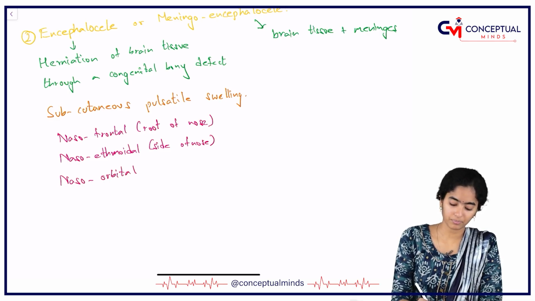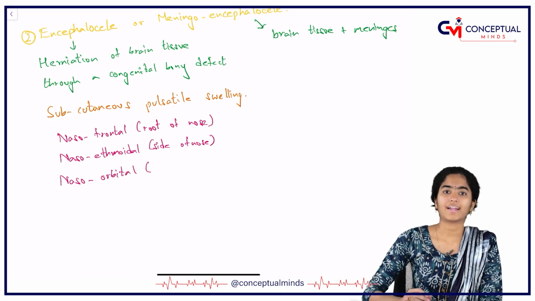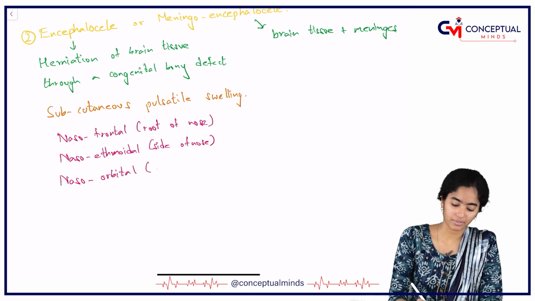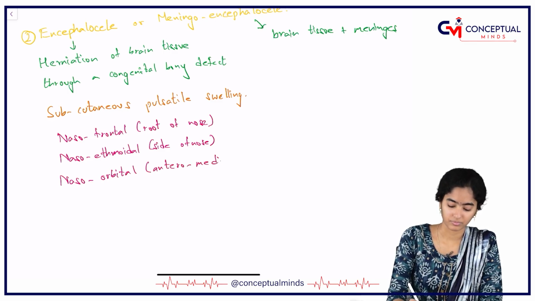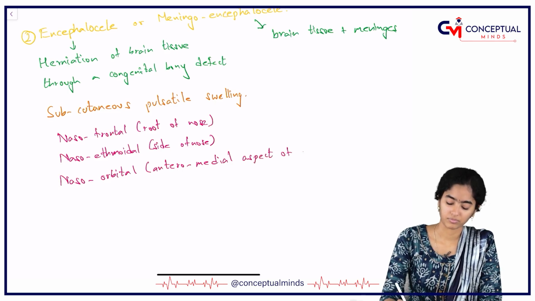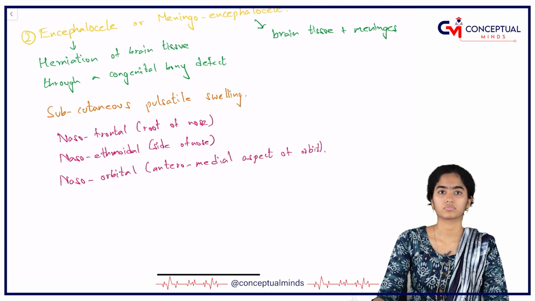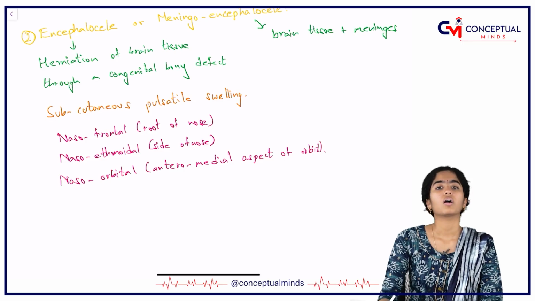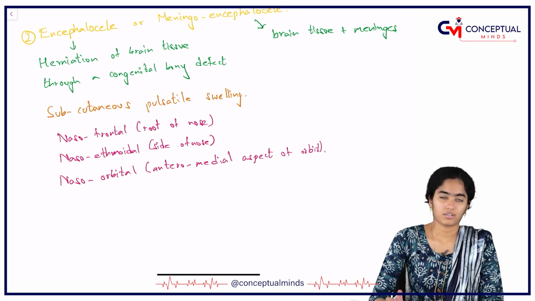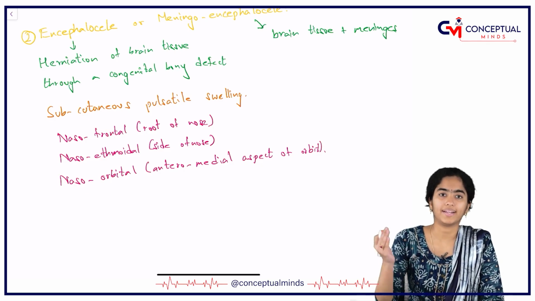Nasoorbital variety, if it occurs on the anteromedial aspect of the orbit. So it is a pulsatile swelling and it can show cough impulse and it could be reducible also.